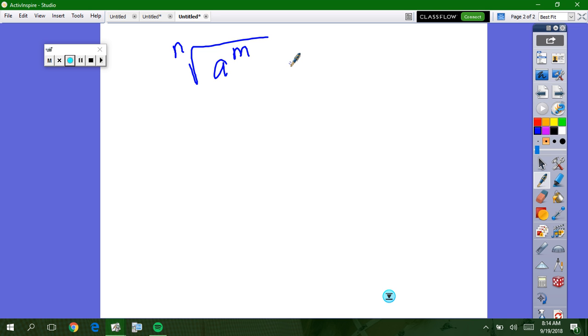Nth root of a to the m. So this represents a to the m over n. So that also gives you kind of a reason why a square root works.